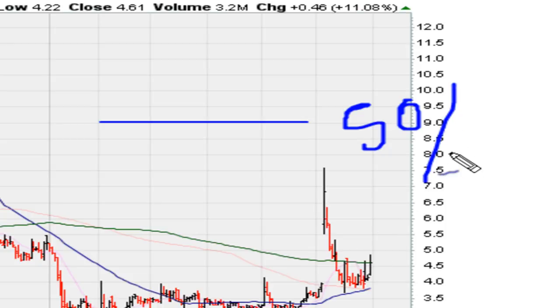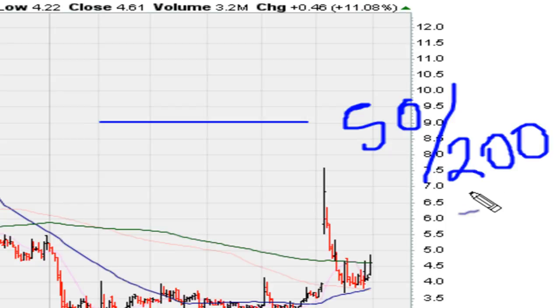But your buy point, and this is critical in understanding how to use this, is always going to be the highest close when the moving average was flat.